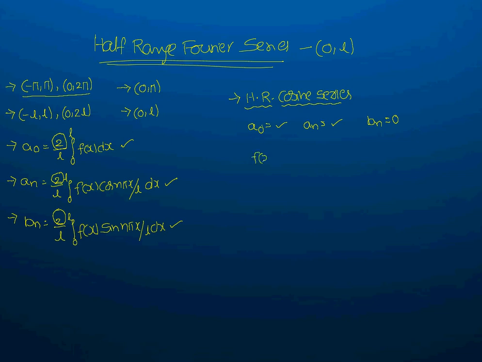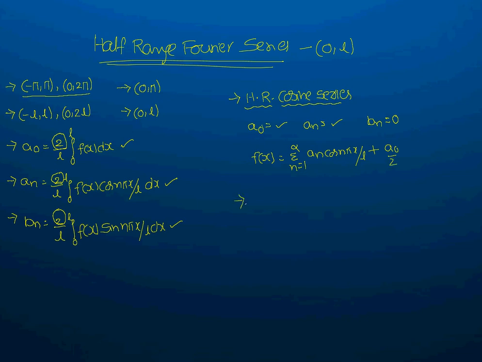Therefore the Fourier series f of x is nothing but sigma n is equal to 1 to infinity an cos n pi x by L plus a naught by 2.